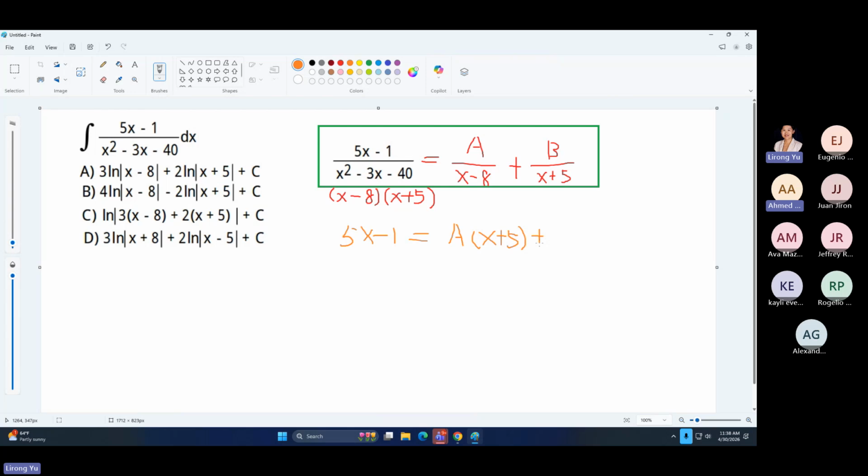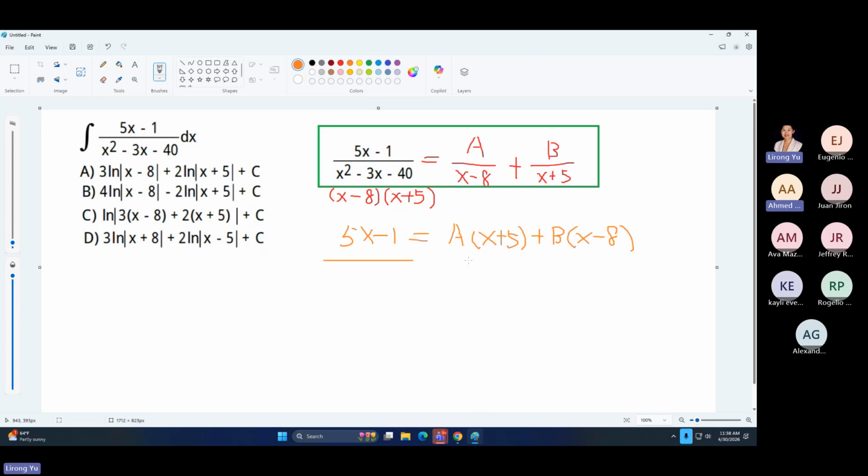For the B, the denominators cancel, and you'll have to multiply x minus 8. That's what happens if you multiply both sides of the equation by the denominator. So the equation that had the denominator, now we don't have any denominator. Now we can focus on isolating the A and B.